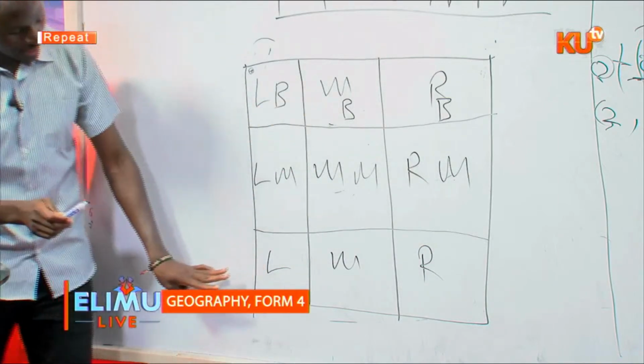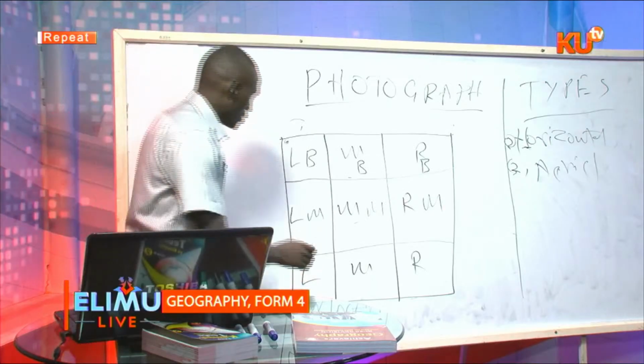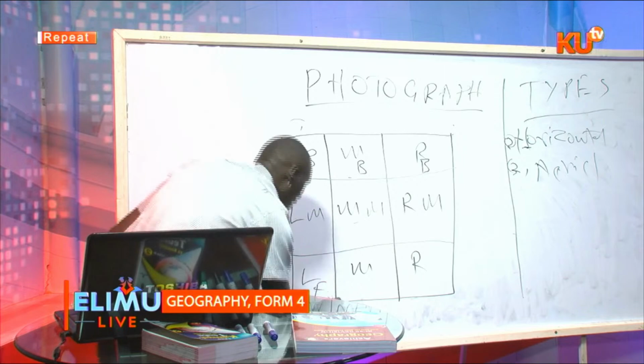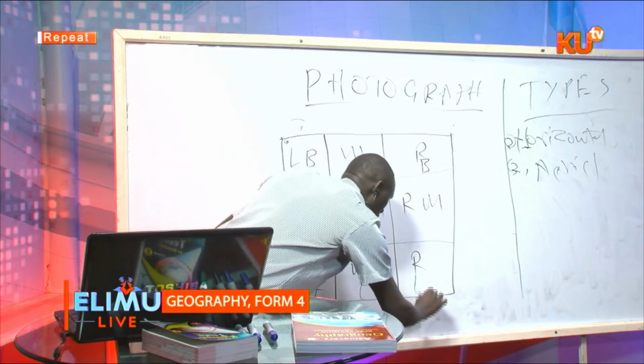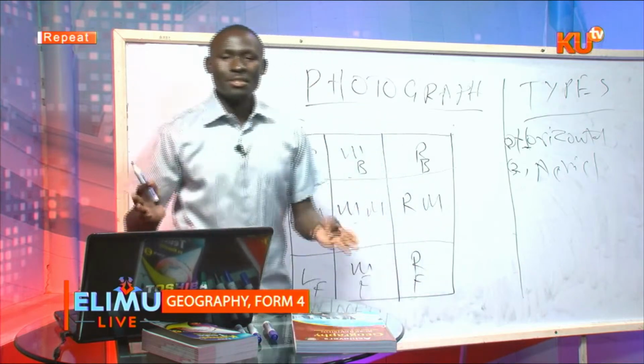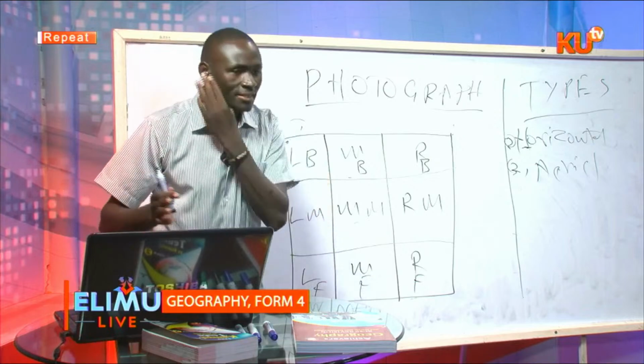Then the last part is what we call the foreground. This is the left foreground, the middle foreground, and the right foreground. So learners, you can really identify how a photograph has been divided.